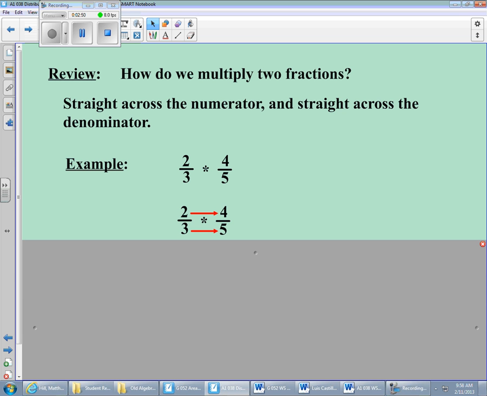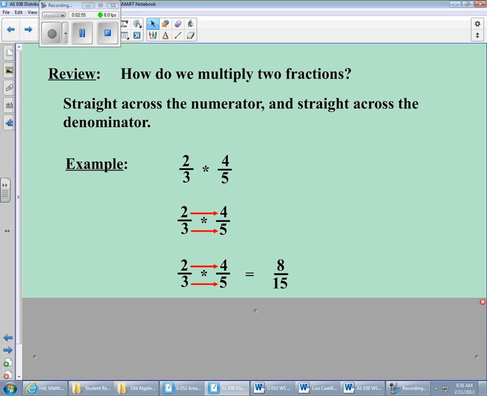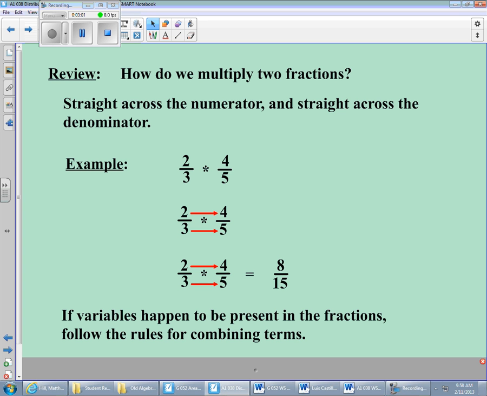Yeah, numerator's going to be 8. Denominator's going to be 15. Okay, and we'll watch out to see if anything reduces or not. It's possible it will, and it's possible it may not. Okay, 8/15 isn't going anywhere. They don't have any terms in common. Okay, but that should be old news to you.